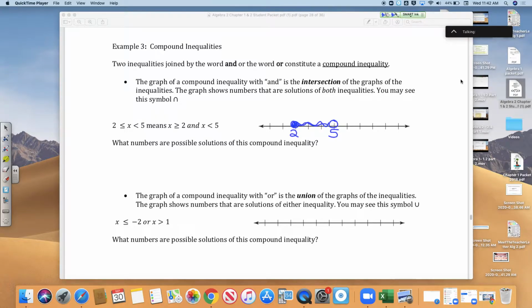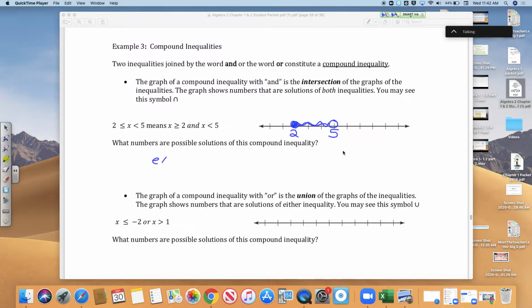So when we have problems that are "and" types of compound inequalities, which means they are sandwiched in between the variable like this, the solutions are going to be between two endpoints. So the possible numbers that can be solutions for this compound inequality are really anything that's greater than or equal to 2 and anything that's less than 5.